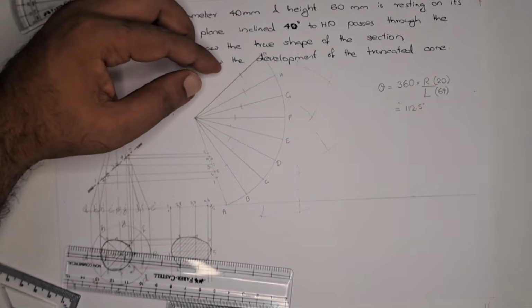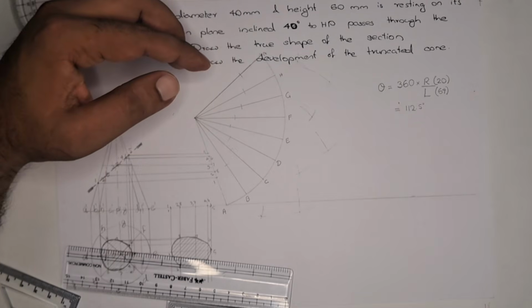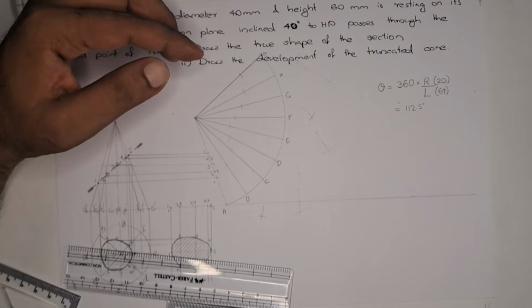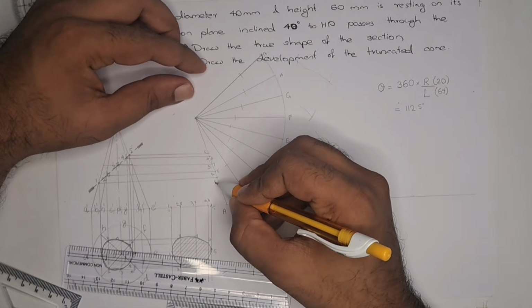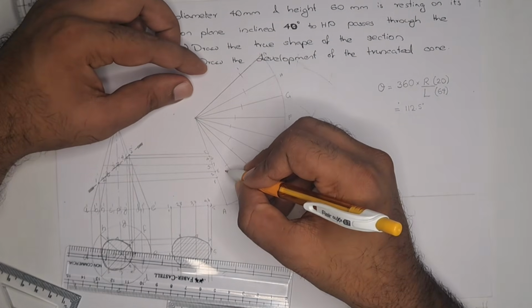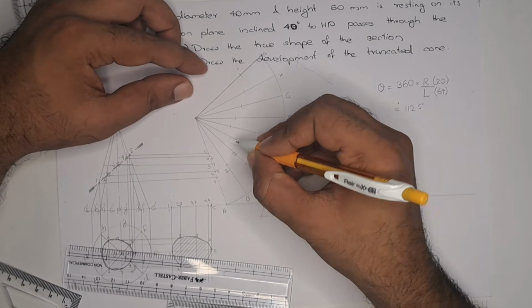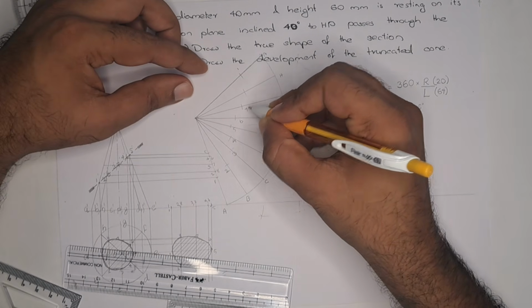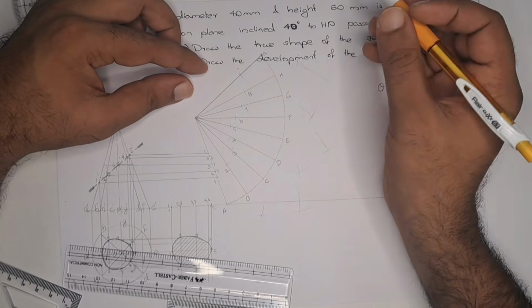So these are the points. So we can mark 1 over here and here. This is 2, 3, 4, 5, 6, 7, 8, and 1.